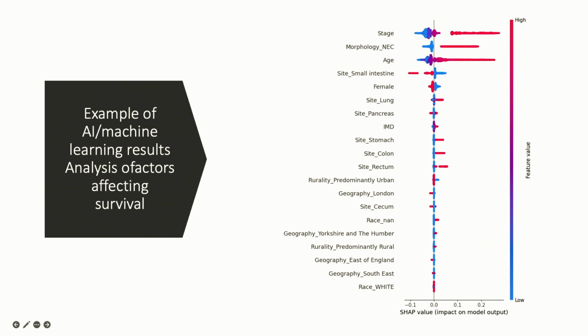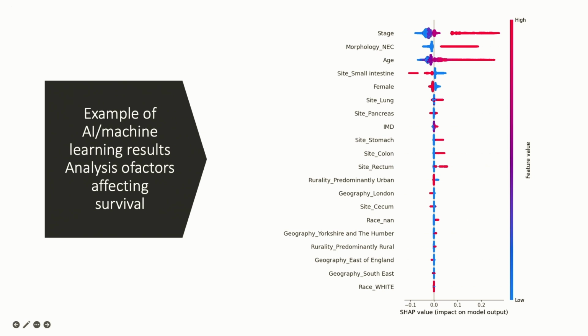So this is our patients with correlation of survival with various things. And this is a graph like I've not seen before. I don't know how many people are used to this; it's called a Shapley plot. And this is new, and what you're looking at is, if the red bars are to the right, that's of high significance.